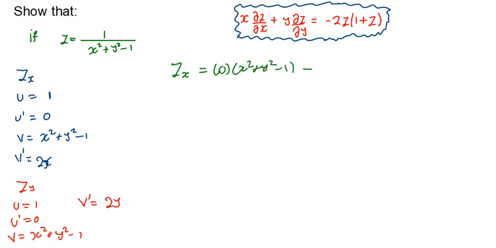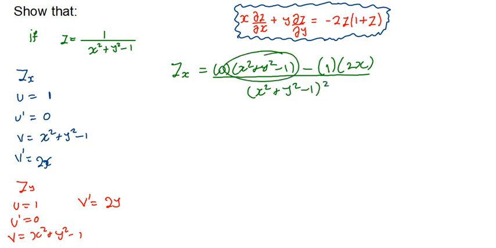And then minus, I'm going to multiply u, which is 1, by v prime, which is 2x. Then divide by v squared, so that's y squared plus x squared minus 1, all squared. This part is going to give us a 0, and what we end up with is simply minus 2x divided by x squared plus y squared minus 1, squared.